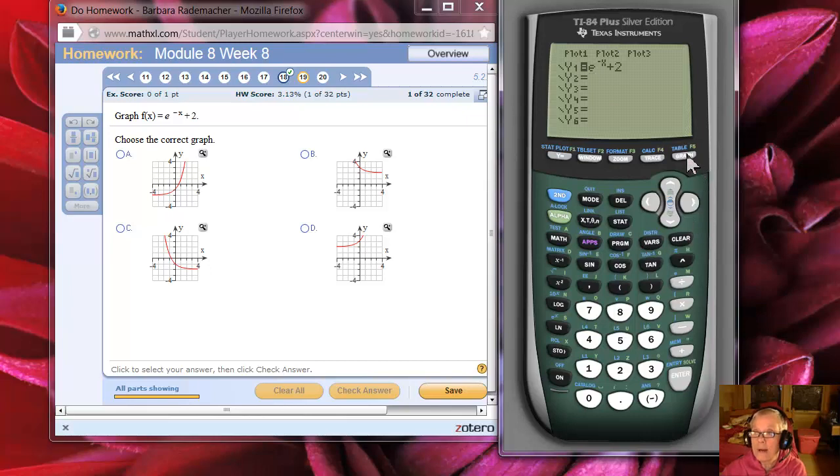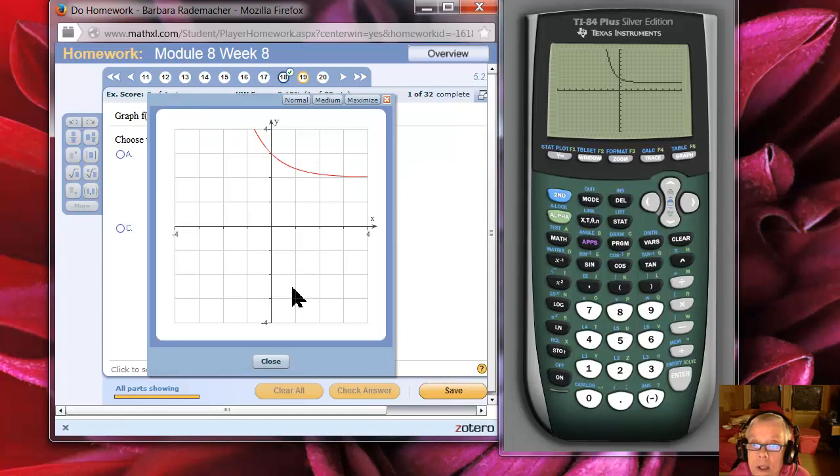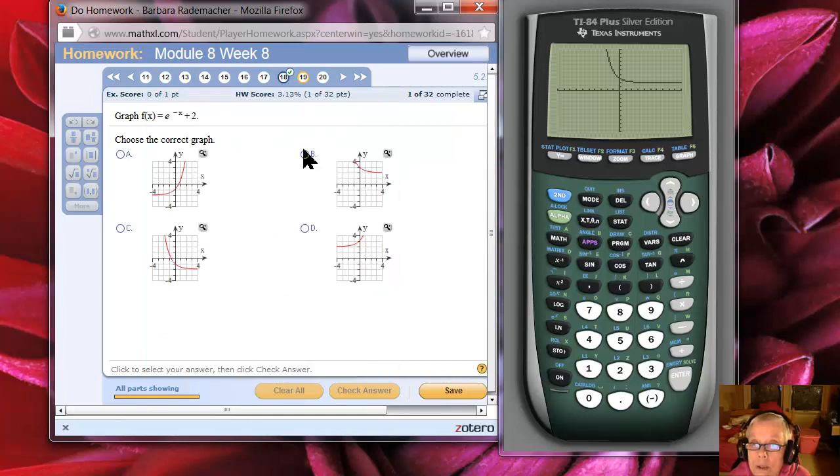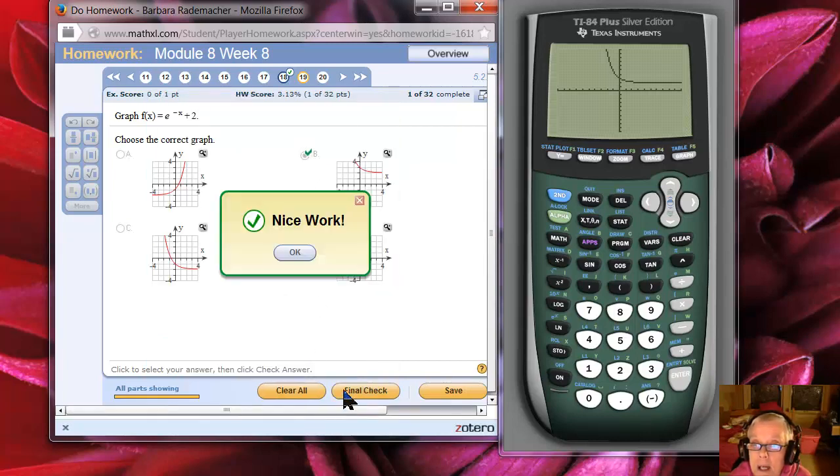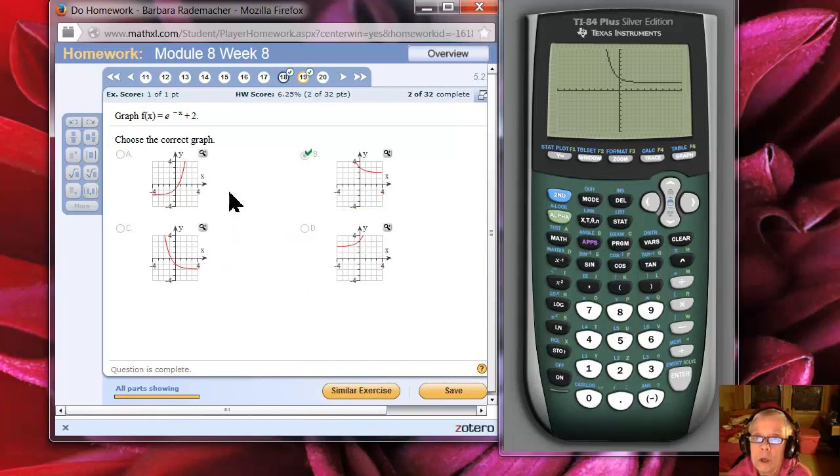Oops, graph. Okay, this is the only one that looks even remotely like it could be what we're looking for. So let's say B. And we're told how smart we are. No, we're not. We're just told we did good work.